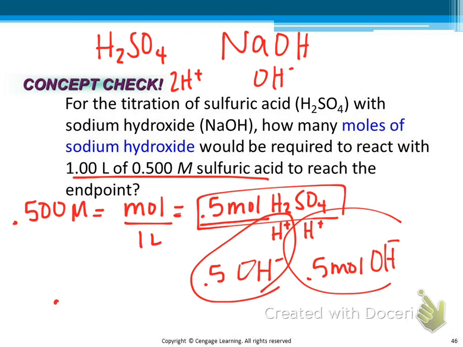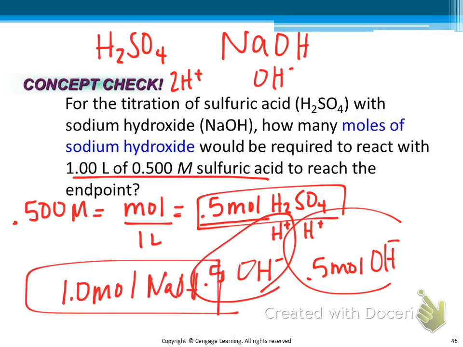So that means I need 1.0 moles of NaOH. Because if I put in 0.5 moles, if it was a 1-to-1, I'm only using up half of my hydrogen ions. So I have to use twice as much.